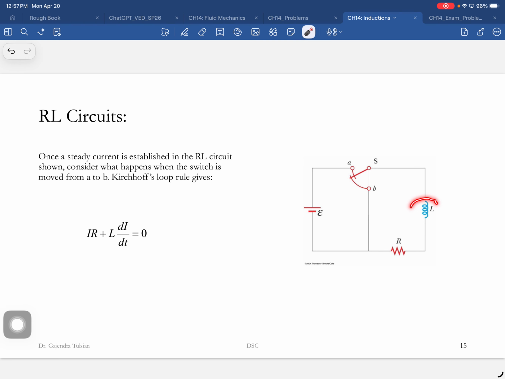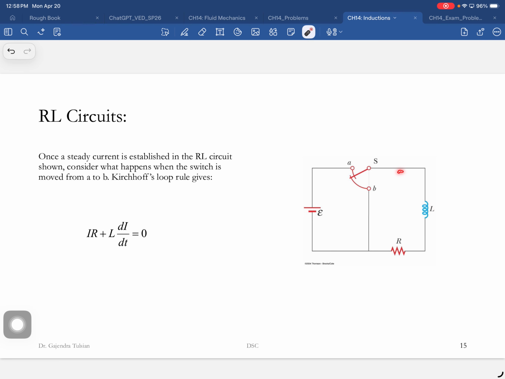Now, if this guy was not present, when you flip the switch, the current would instantly go to 0. But with this guy present, when you flip the switch from here to there, this guy has some energy stored in it.